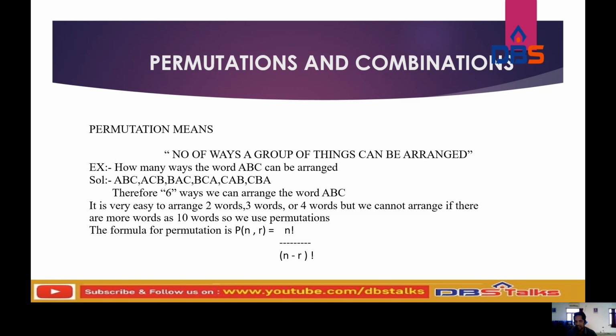This is the number of ways a group of things can be arranged.